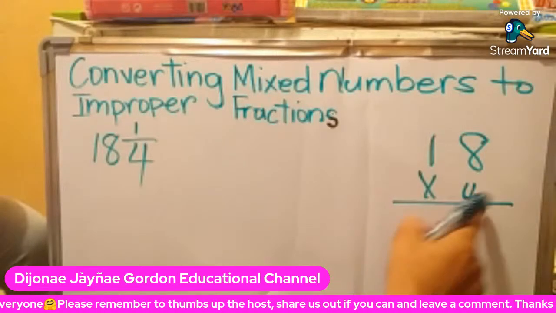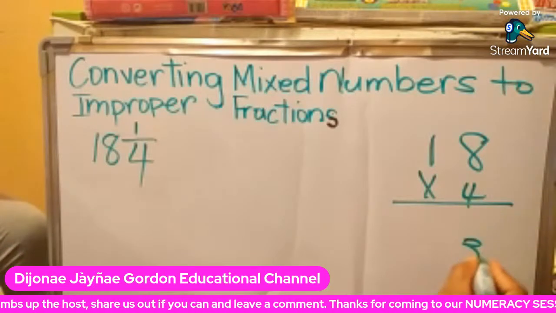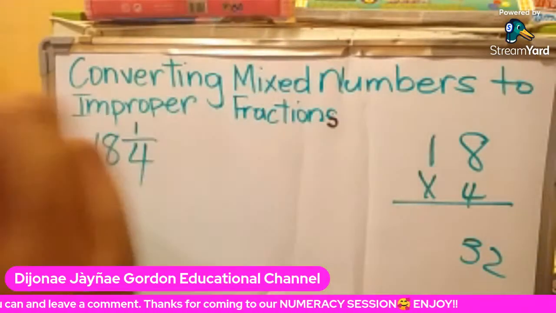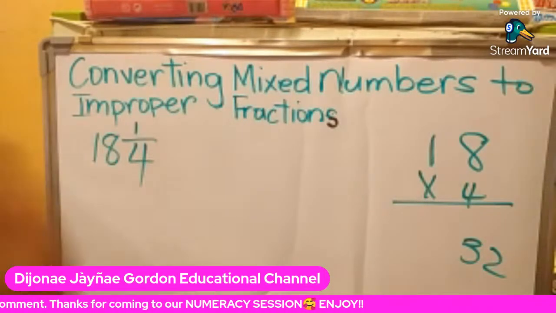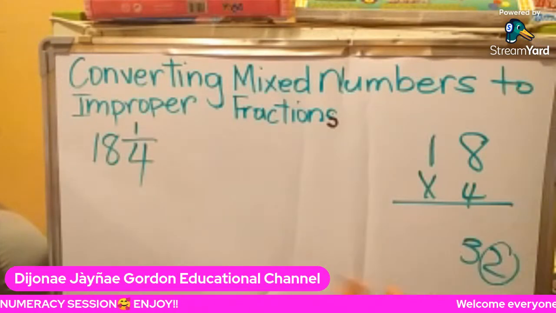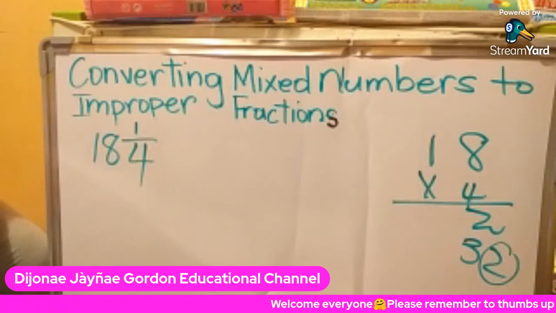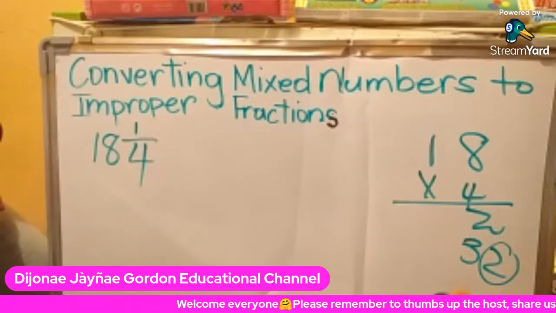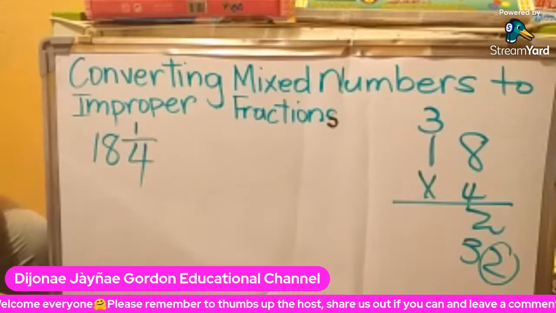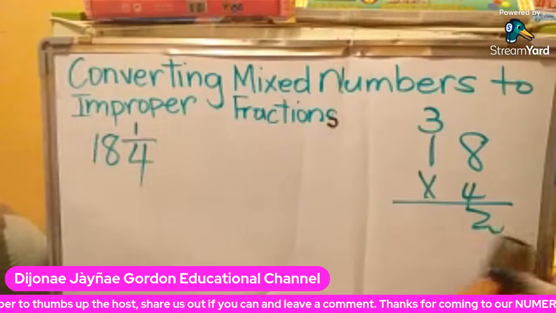So now 4 multiplied by 8 is 32. 32 is a 2-digit number. So what you are going to do is put down the digit that is in the ones place, and the digit in the tens place, which is 3, you are going to carry over. So now we are finished with that 32.